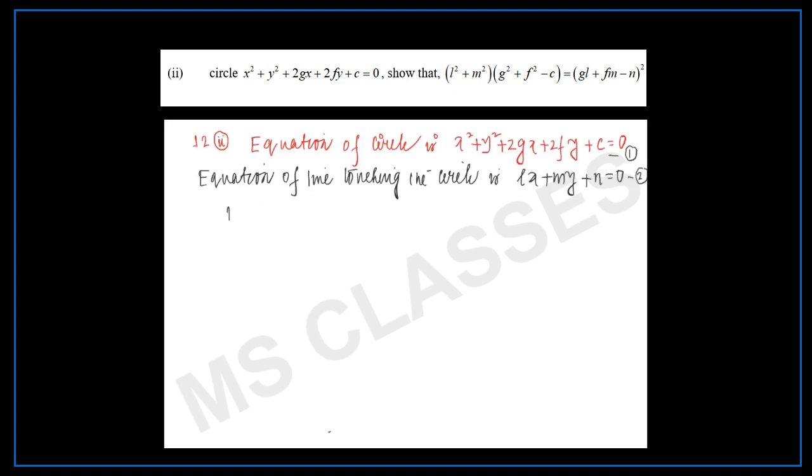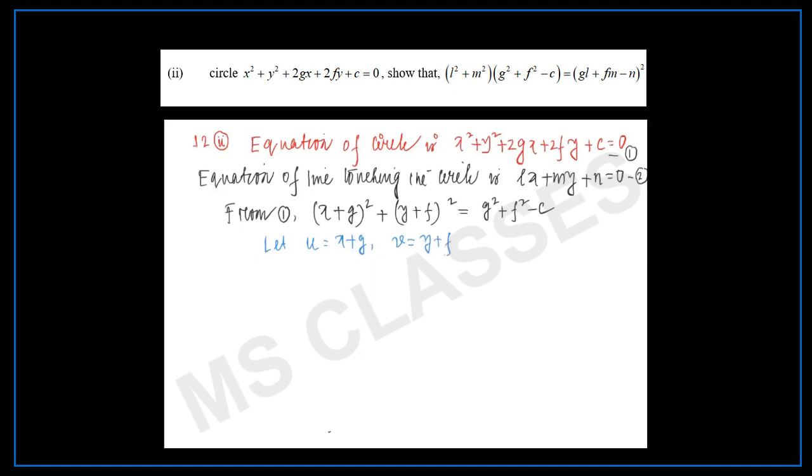Now from 1, we can simplify this as x plus g whole square plus y plus f whole square equals g square plus f square minus c. Now we can shift the origin and take new variables. Let u equal x plus g, v equal y plus f.